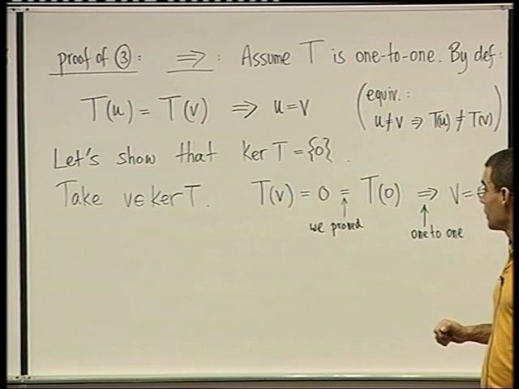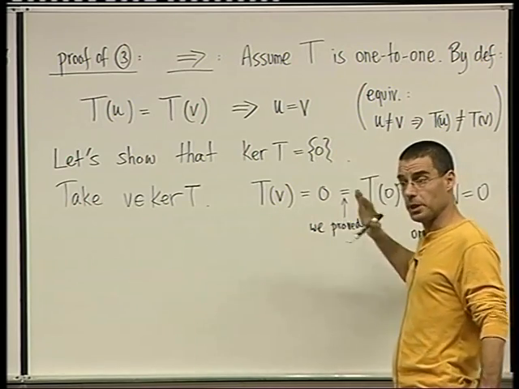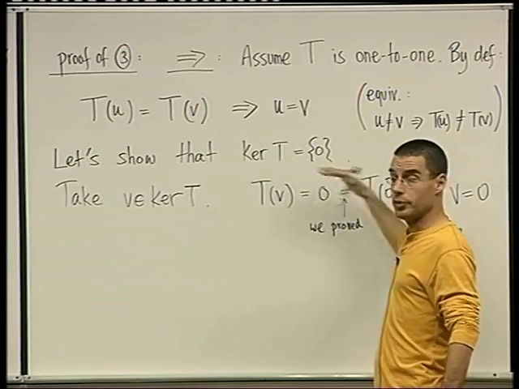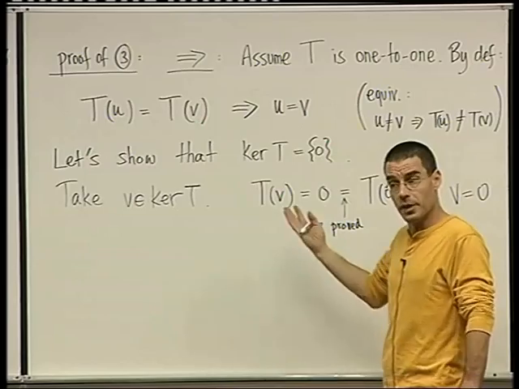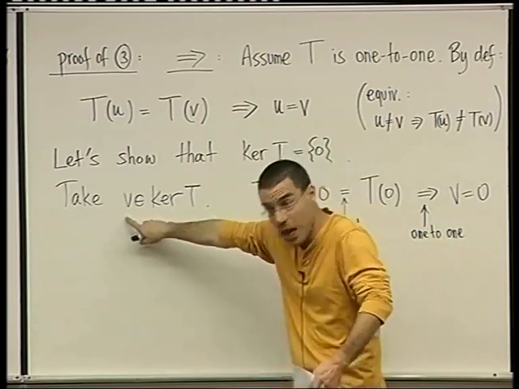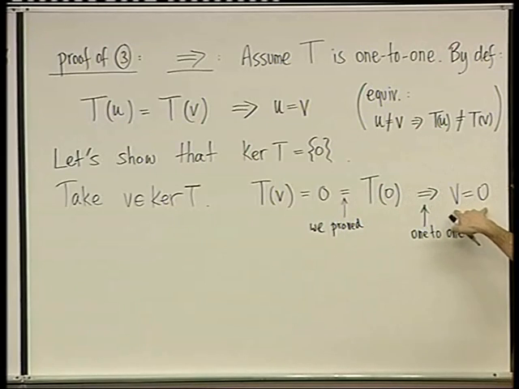I mean, technically. No, I don't understand what you mean by technically. I claim that this is a complete proof. My claim is that the kernel is 0. There's nobody else in the kernel, only 0. I'm proving it. I'm taking somebody general in the kernel and showing that that somebody is none other than 0.